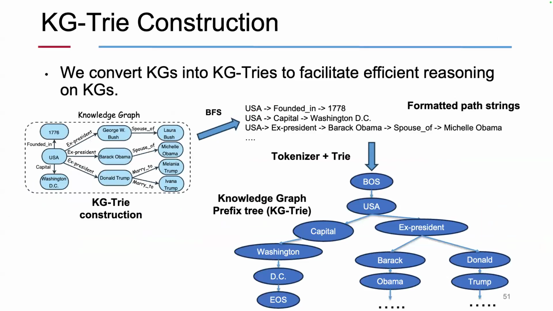This is how we convert the graph into a constraint. We utilize the prefix tree. Basically, the prefix tree is a structure to store a set of strings, where each node is a common prefix of its children. It is ideal for representing a knowledge graph because if we try to find paths, lots of paths might share a common prefix.